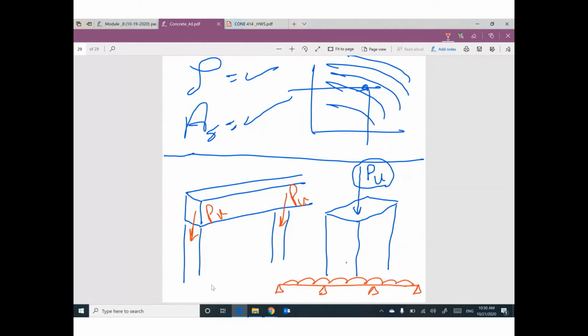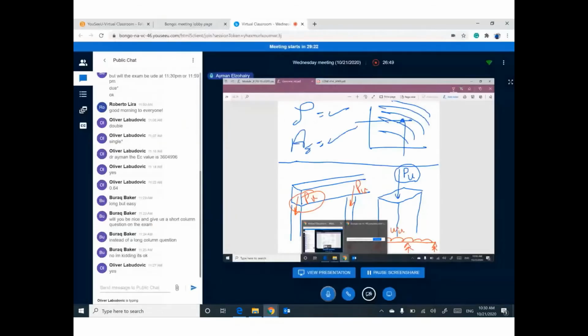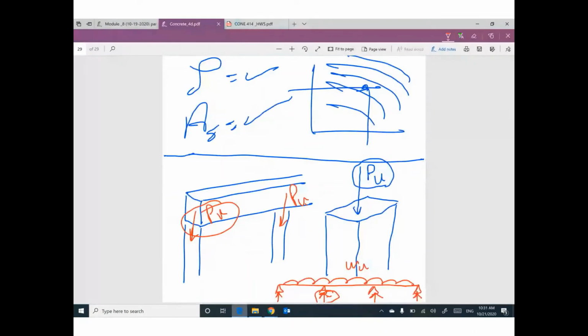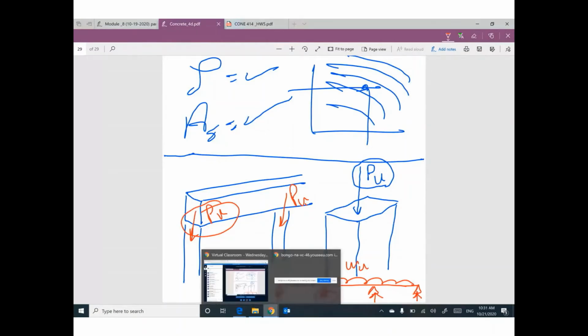Do you remember that? So we can draw bending moment. That's fine. So if you solve this one by structure analysis or by RISA and figure out the reaction on this support, do you think this reaction will be the value of P ultimate? Or something else? I believe yes and no. Any help?